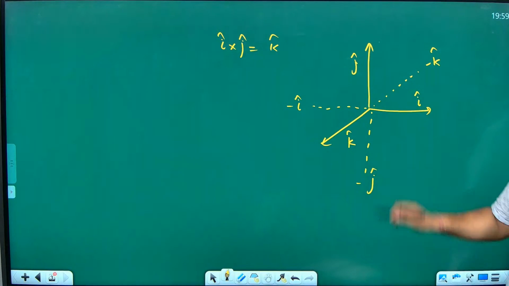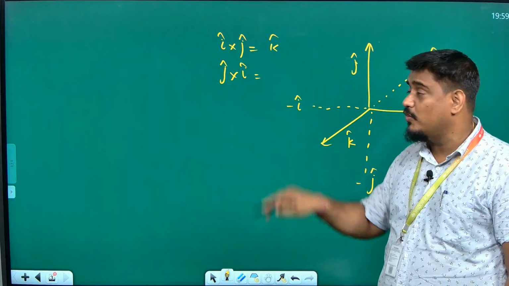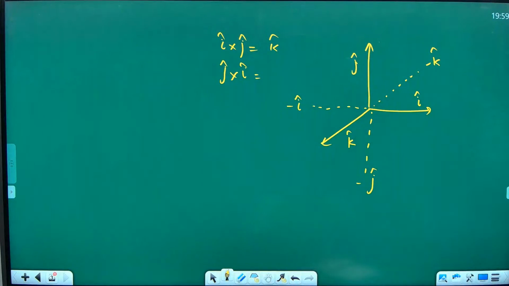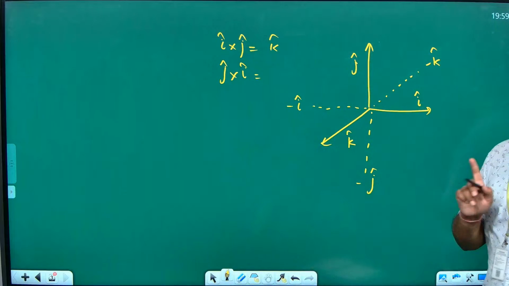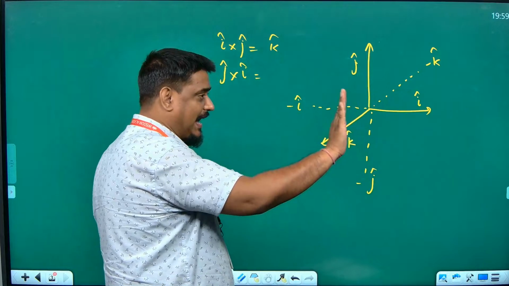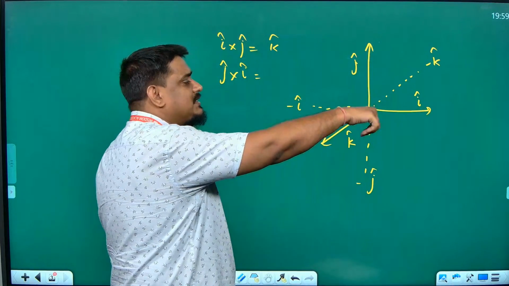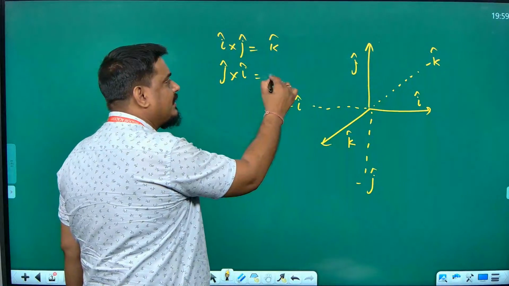Same way, when I wrote J vector cross I vector, magnitude of J is 1, magnitude of I is 1, theta is 90 degrees between them, that will also become 1, and n cap is the direction which should be found by keeping my hand at J and coming towards I, my thumb is pointing in minus K. So I am writing here minus K.